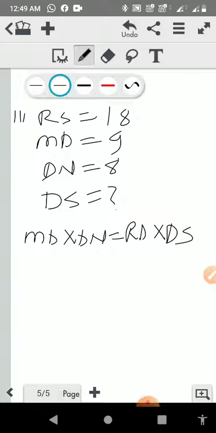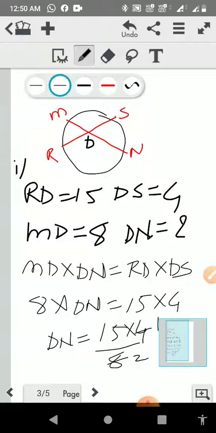I will use the same theorem, just the values are different here. MD is 9 units, DN is now 8 units, RD is actually not given and DS is not with us. Then what I can do, I will move to the diagram again. This RD is not with us and DS I have to calculate.